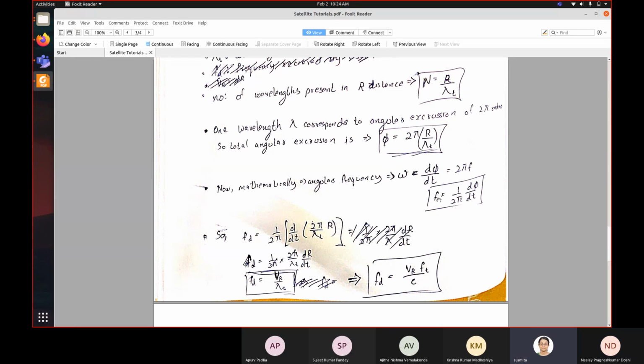Phi is the number of cycles. No, the total phase over wavelength, the distance r. Yes. Okay, and f then is the frequency. So I can take 2 pi on this side. So I can write f is equal to 1 upon 2 pi d phi by dt. Now phi we have written here, but there is a negative sign. How will you get the negative sign?